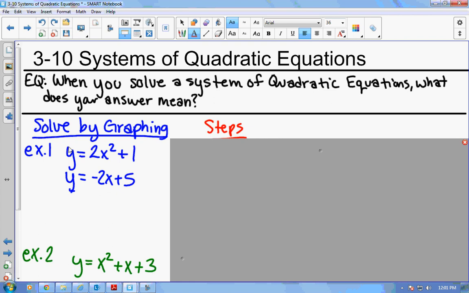Grab your calculators. How do we graph on the calculator? Yeah, y equals. Go to y equals. Clear out anything that's in there.